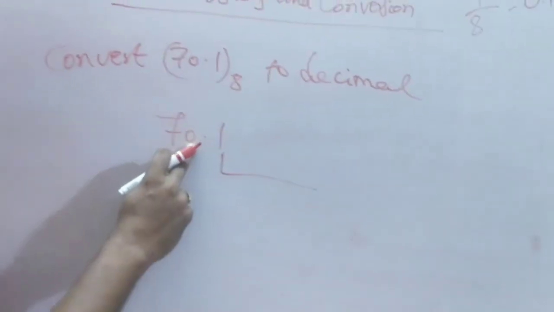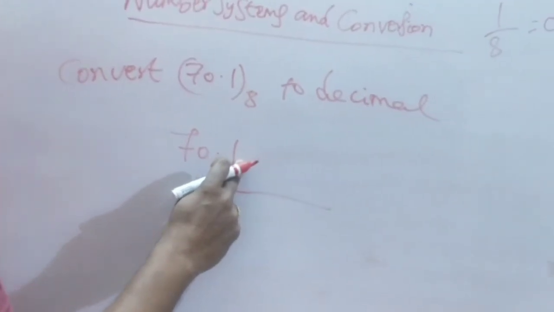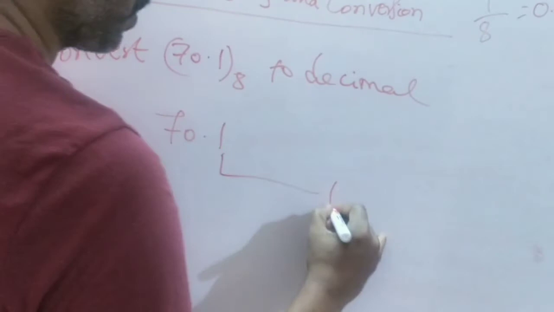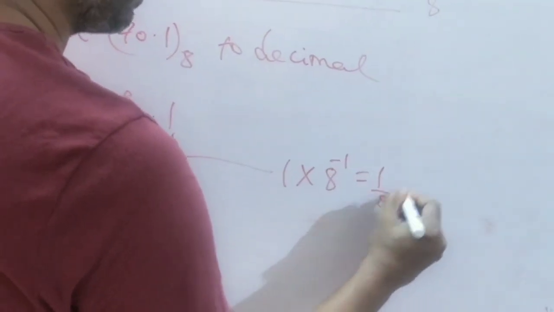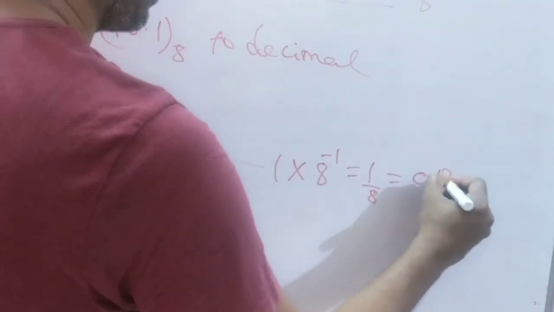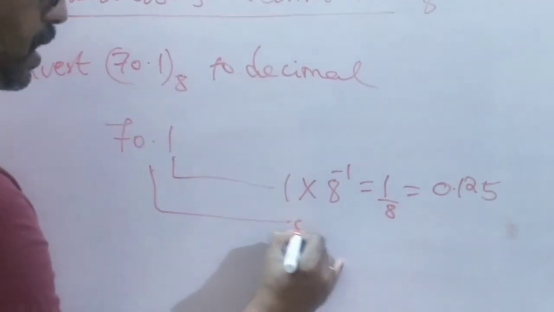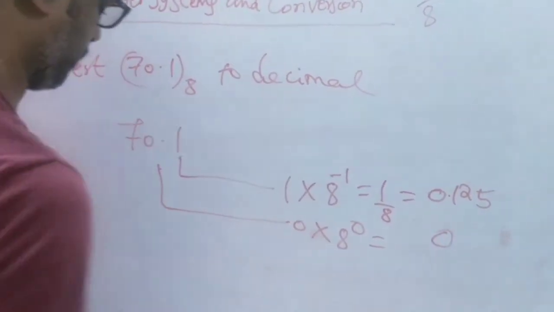So we know that this is 0th place, and the first decimal place will be starting from -1, -2 and so on. Here 1 into 8 power -1, which is nothing but 1 by 8, which is equal to 0.125. Then 0 into 8 power 0, which is nothing but 0.